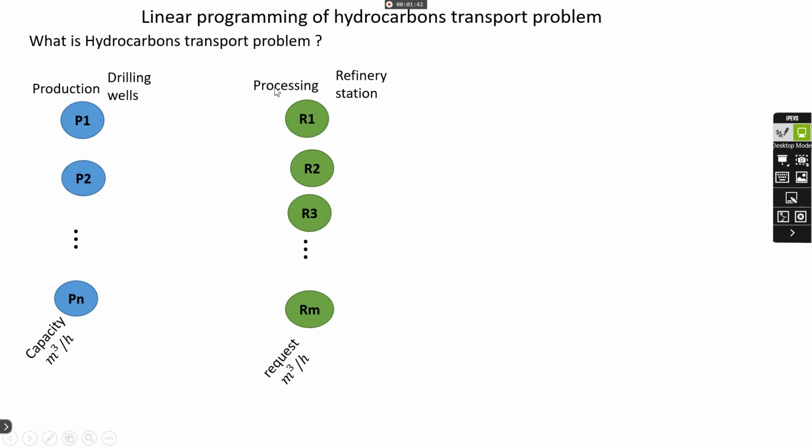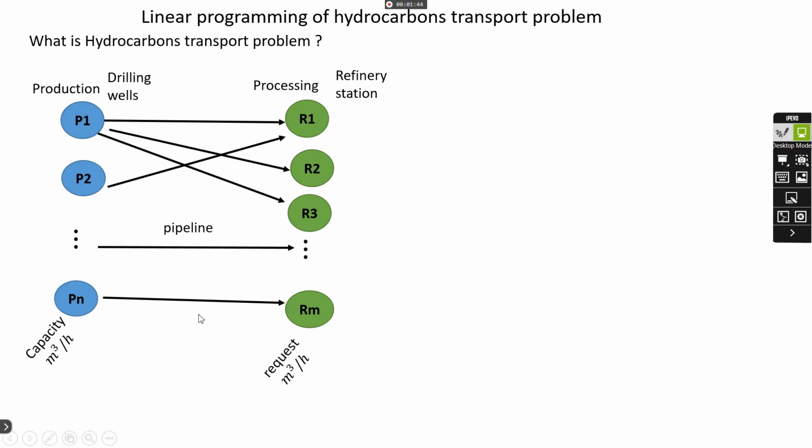Between production and processing we have the pipeline. Now we denote by Xij the transported quantities from production to processing, and Cij the transport cost.